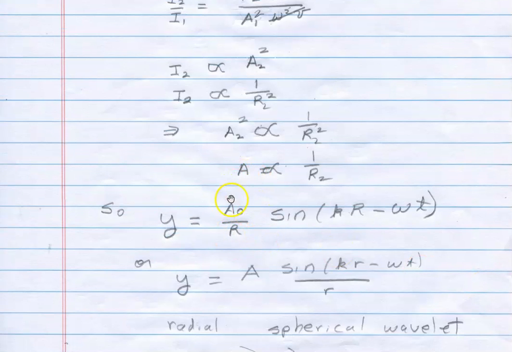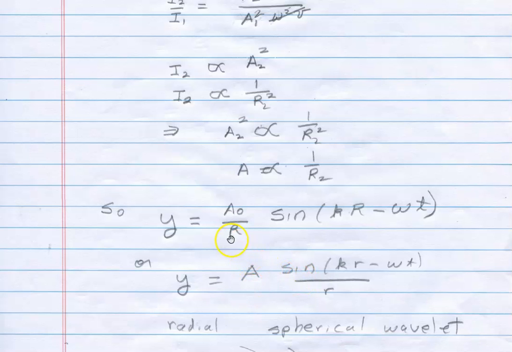And I know that the amplitude out here has to be proportional to 1 over the radius, and so what I'll do is take a constant A naught as a constant of proportionality. It's not really the amplitude. The amplitude varies with how far I am from the light source.